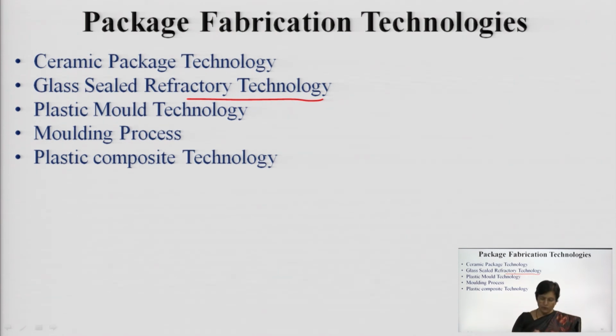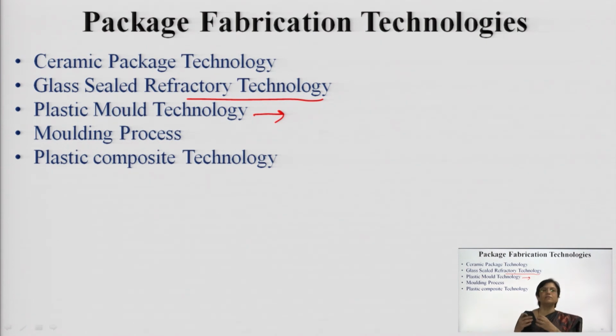Then you have plastic mold technology. Plastic mold technology is also similar. You have molded plastics, which further reduce the cost and help you design complex circuits. Another is the molding process, through which your typical molds are available for packaging those devices.